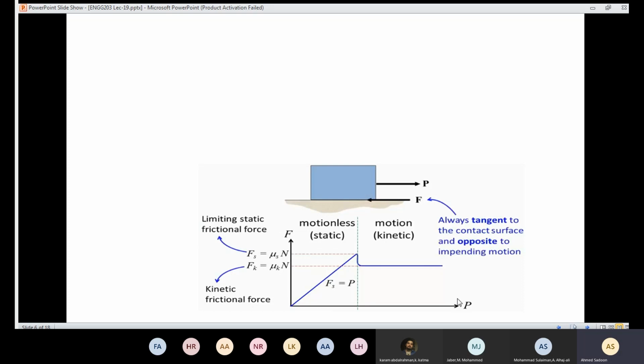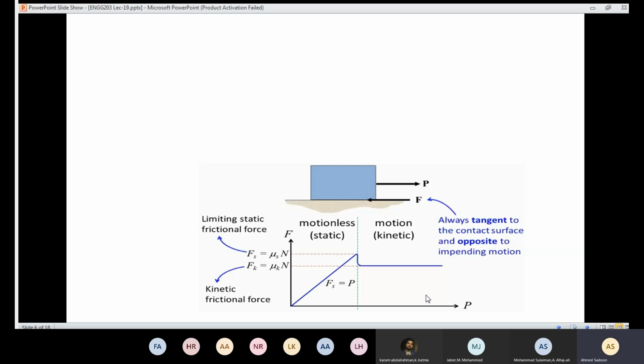Then on the x-axis, I'm going to have P, the applied force, and on the y-axis, I'm going to have the frictional force. When I apply that force here, the frictional force is going to increase as well. When I increase the applied force, the frictional force is going to increase. And we know that the frictional force is going to be tangent to the contact surface here.